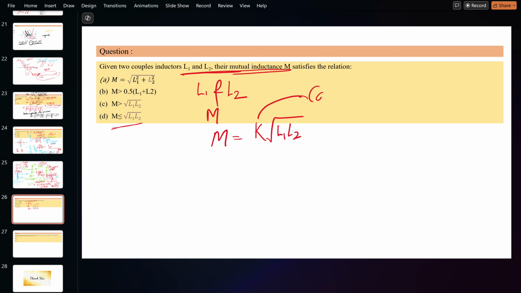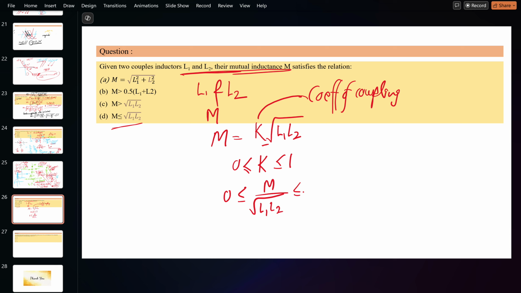K is the coefficient of coupling, and K usually lies between 0 and 1. K can be 0 or can be 1. So if you replace K from here, it will come out to be M by root L1 L2 lying between 0 and 1. So M will come out to be between 0 and root L1 L2.